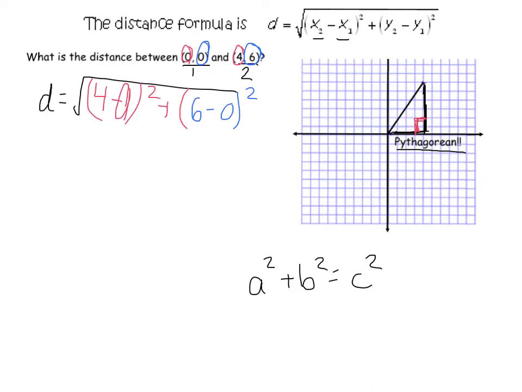So you've got a right angle, and the distance that we want to find is the distance between those 2 points. So that would be your hypotenuse, your c. In order to get rid of the squared on that side, you would square root both sides.